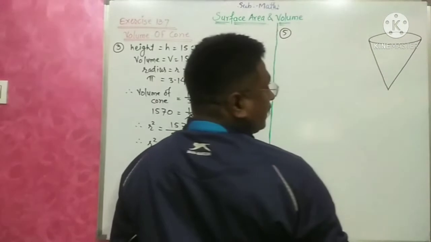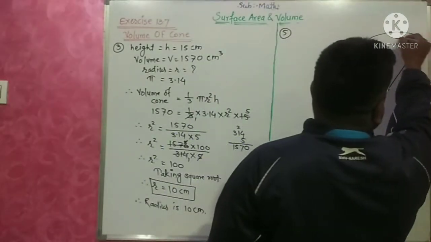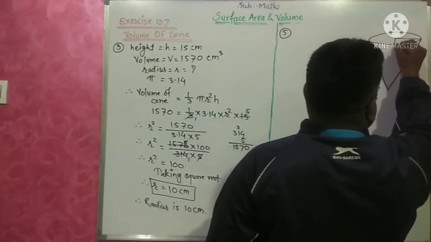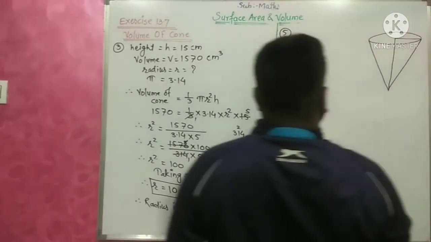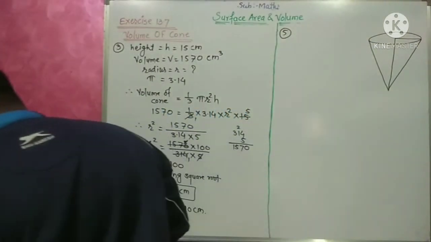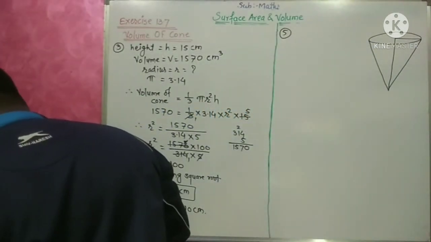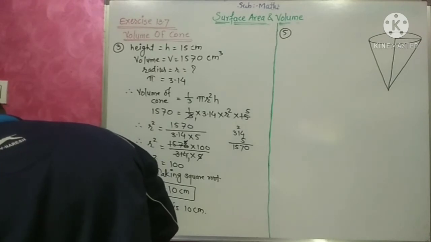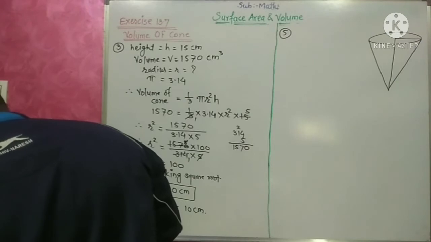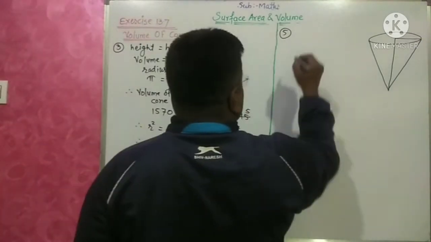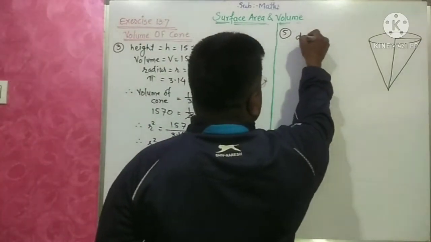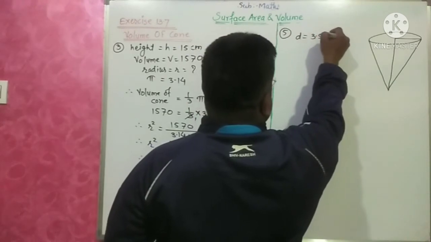This is the conical pit. So what is given here? The conical pit has a top diameter of 3.5 meter. So diameter D is given, 3.5 meter.